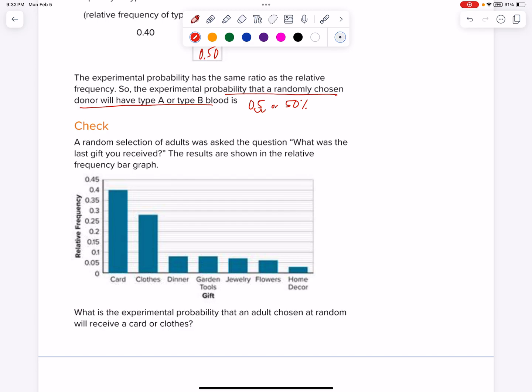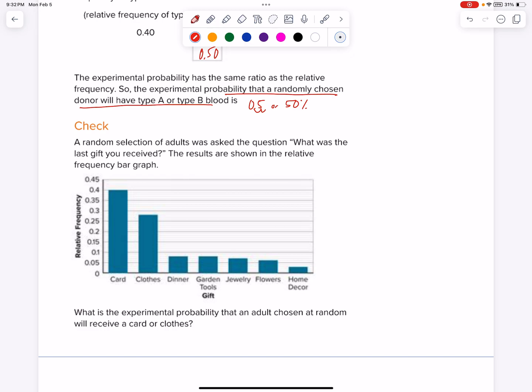So what was the last gift you received was the question that was asked, and the results are shown in this relative frequency bar graph. So they're asking you, what is the experimental probability that an adult chosen at random will receive a card or clothes?